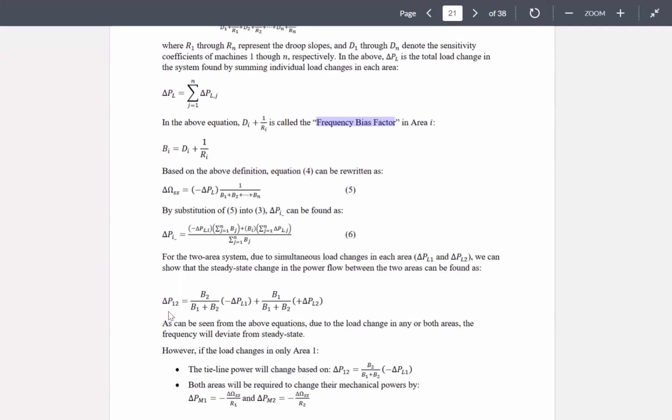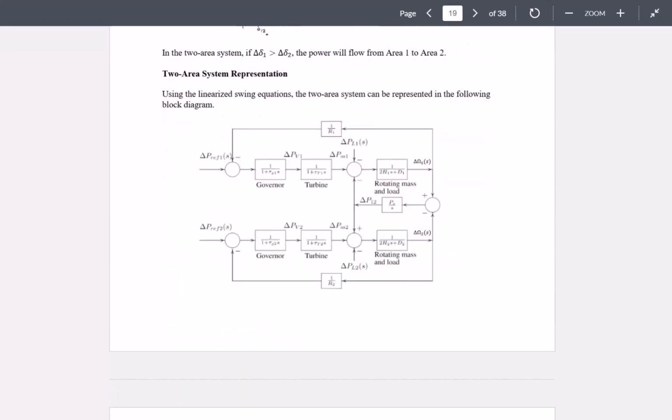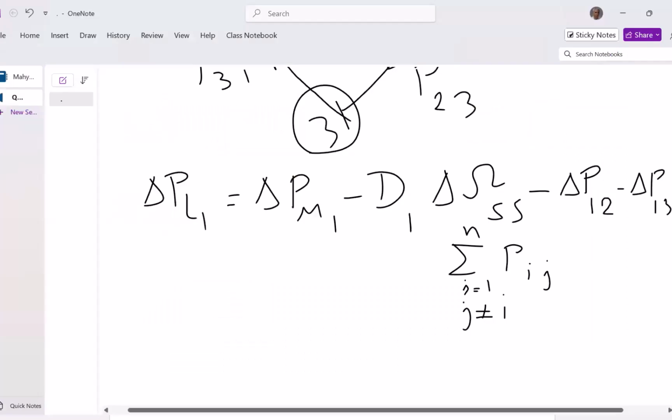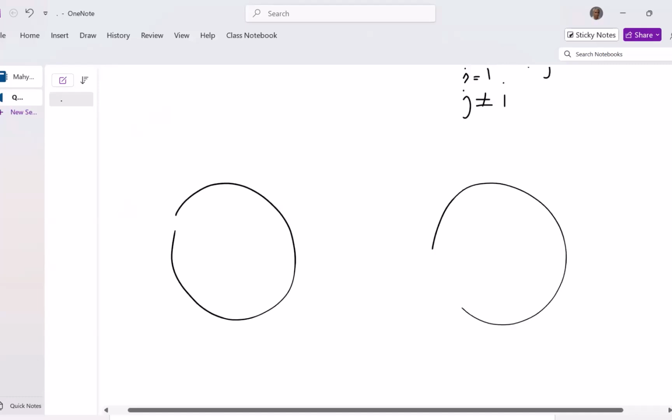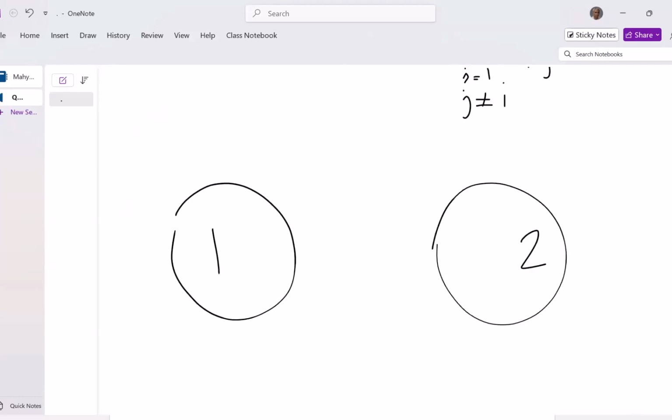So we have just one transfer of power, delta P12, from area 1 to area 2, which would be based on the changes of load in each area, area 1 as well as area 2. Let's talk about the same simple two-area system. Area 1, area 2, okay? And we have a bunch of things in each area.